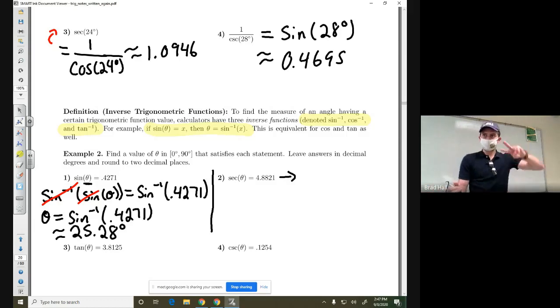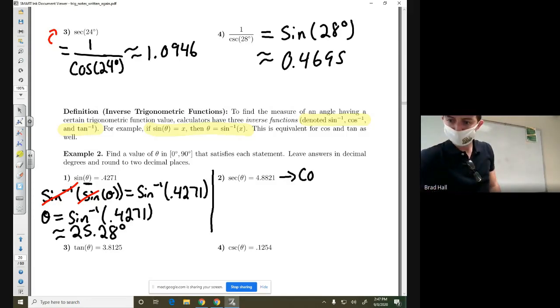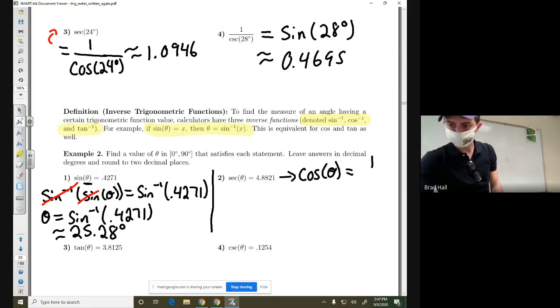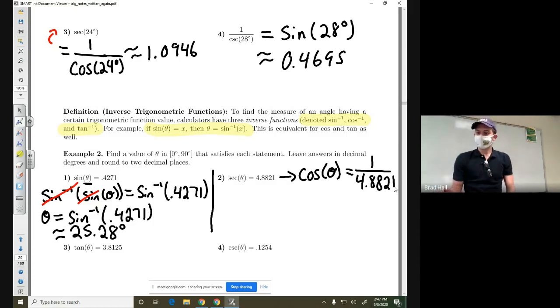If you flip secant, then you get cosine. And by flip, I just mean put it under 1, or if you had a fraction, you would flip it. And you would flip the other side as well to get exactly this.